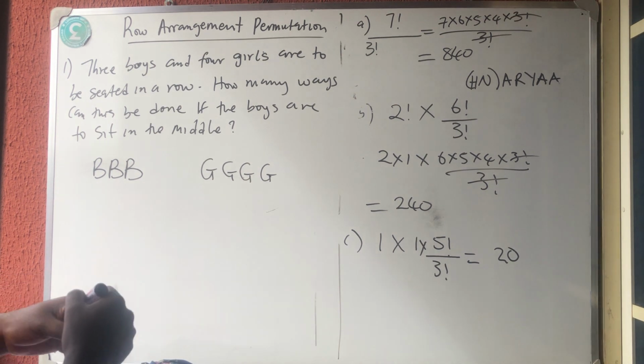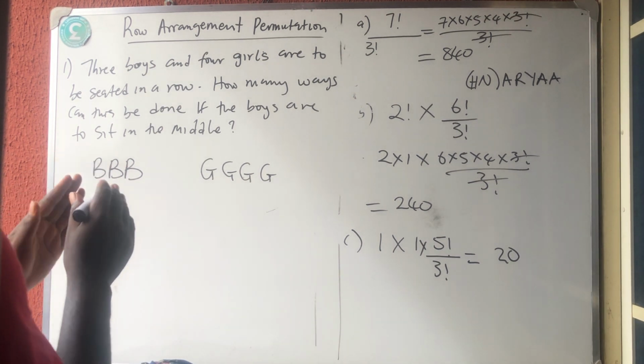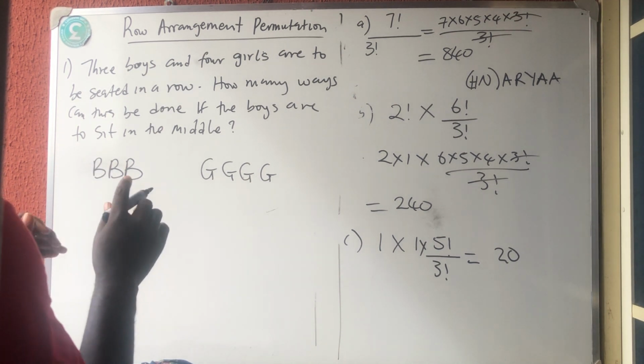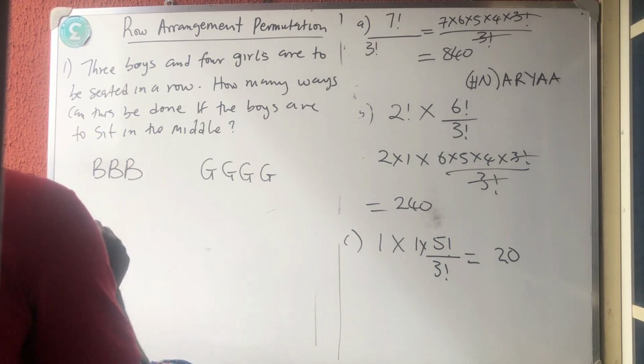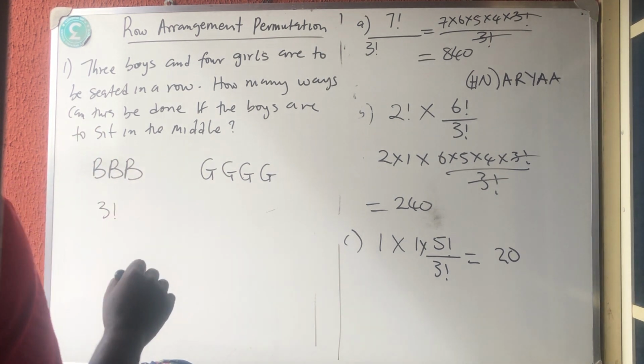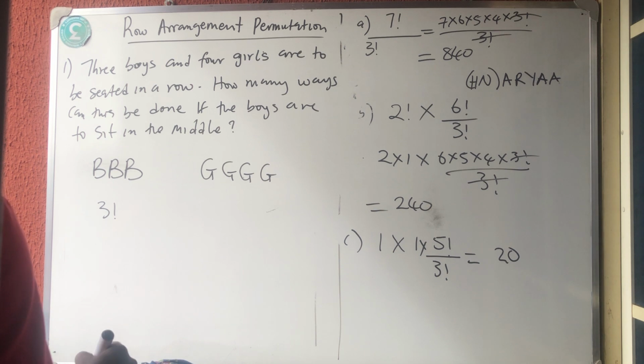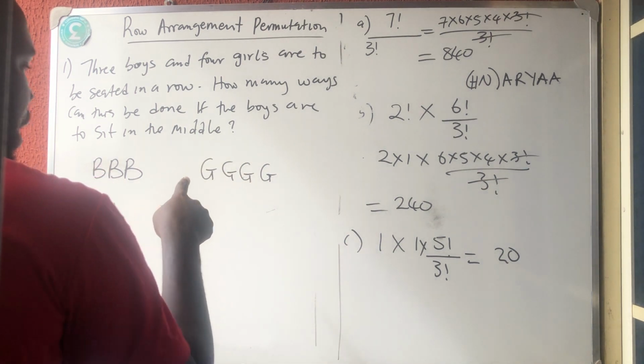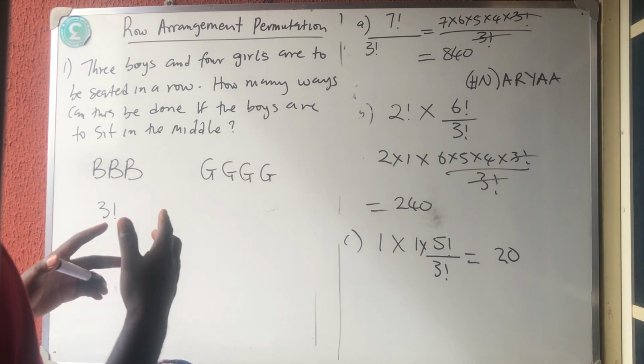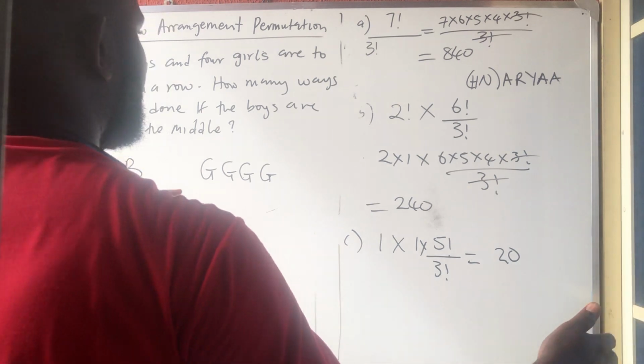Now, if the boys are going to be in the middle, there are 3 different ways of arranging them in the middle, which is 3 factorial. Now, arranging the girls, we have 4 of them, but we are going to arrange them two at one edge and two at the other side.